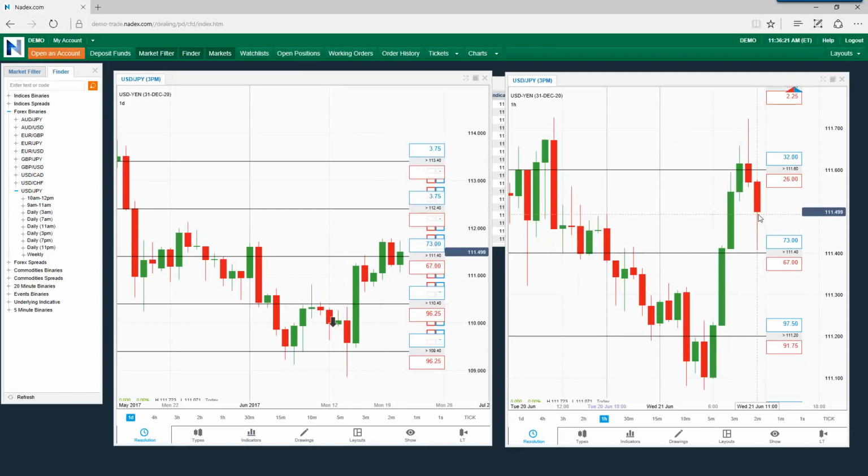Because there's 3 different ways that you could potentially trade this. A 2-hour, I use a 15-minute. 20-minute, I use a 3 and a 12 because that's what I trade.